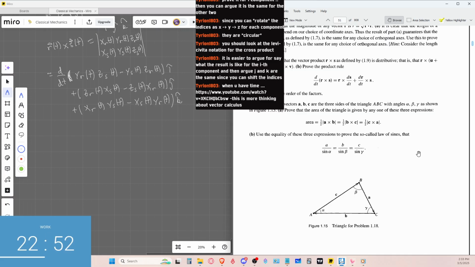Interesting problem. I haven't done problems with laws of sines and cosines in a long time.